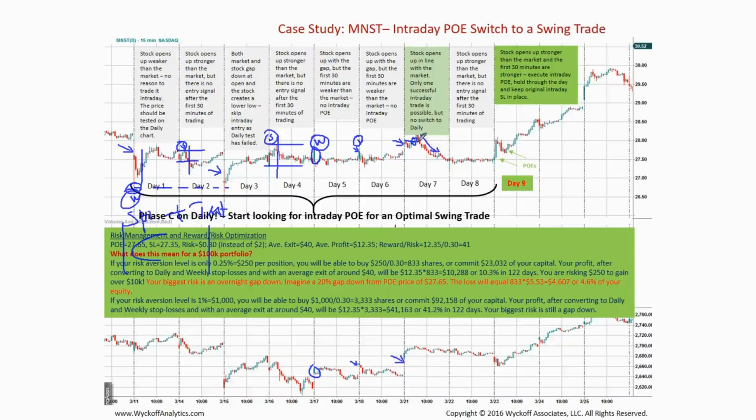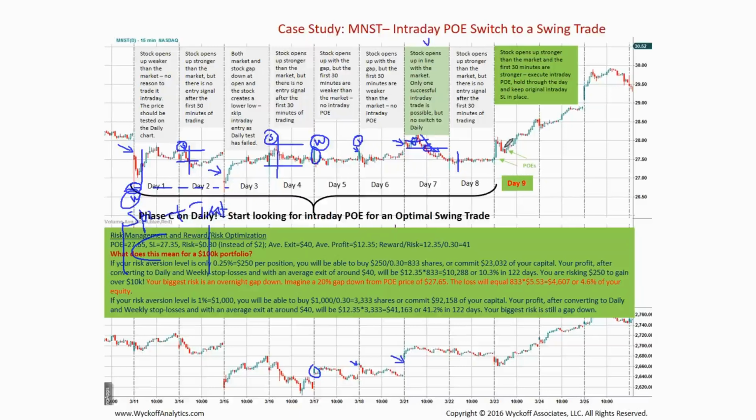So we would close this position either at break even or with a loss, and we would be done for that day. Next day, after the 30 minutes, nothing happens. And then day number 9 is a significant day for us because finally, out of all of the 9 days, we've potentially traded maybe only on one day.